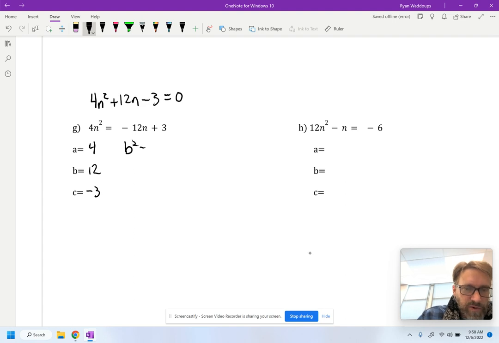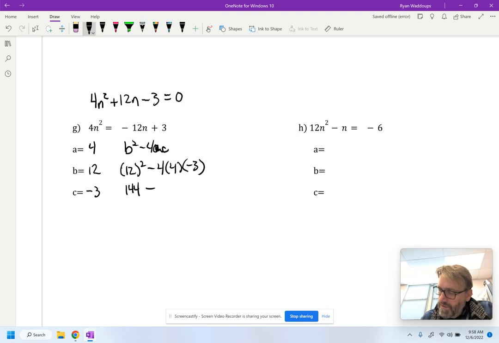Once again, B squared minus 4AC. B is 12, so that's 12 squared minus 4 times A, which is 4, times C, which is negative 3.